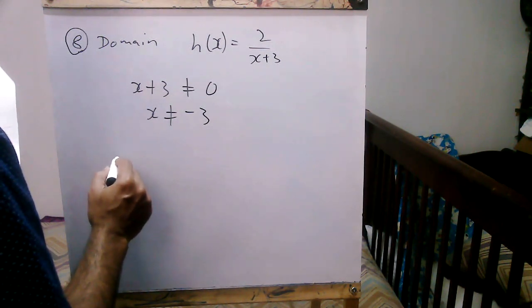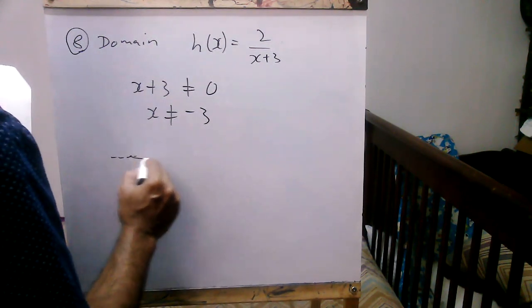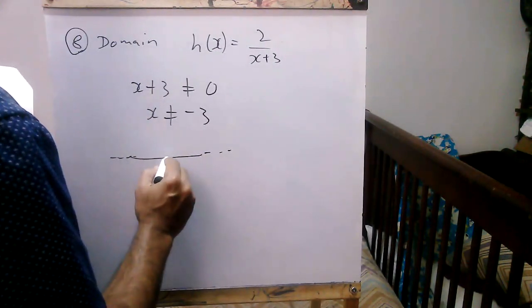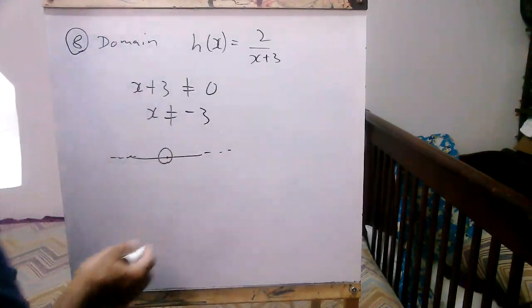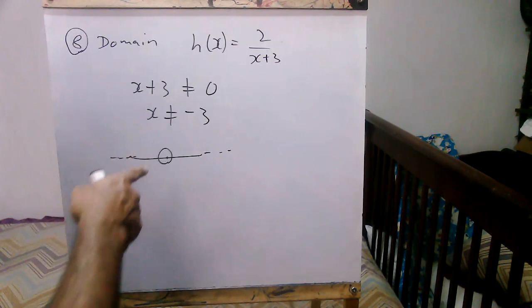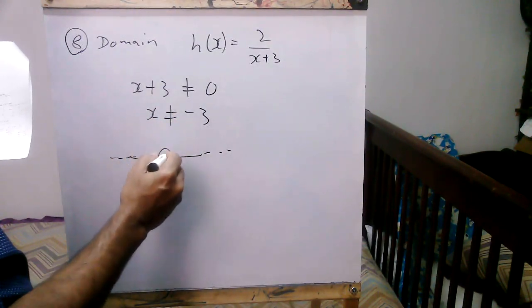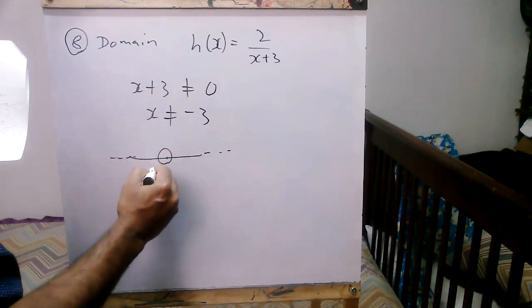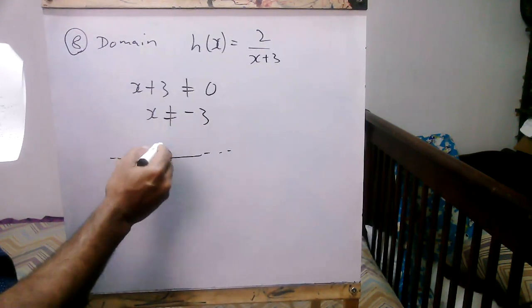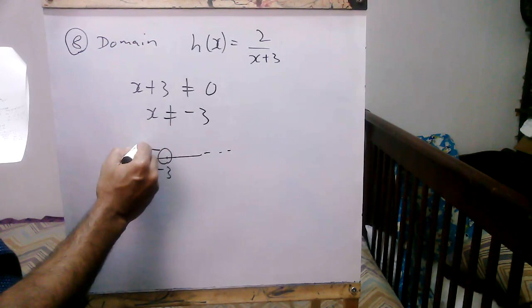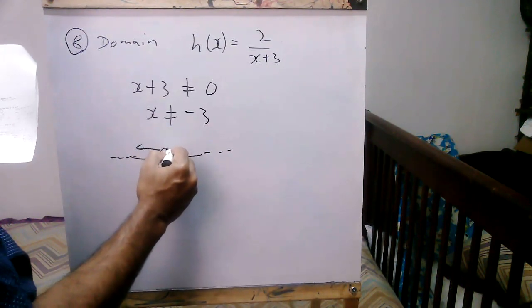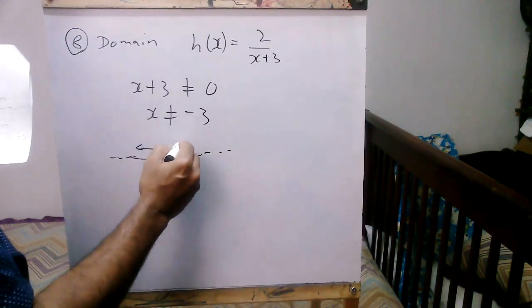I told you guys it is more clear if you do this, the line. If you put this on the number line, this means x cannot equal negative 3, but it could equal any other number. Therefore we do an arrow like this, right?